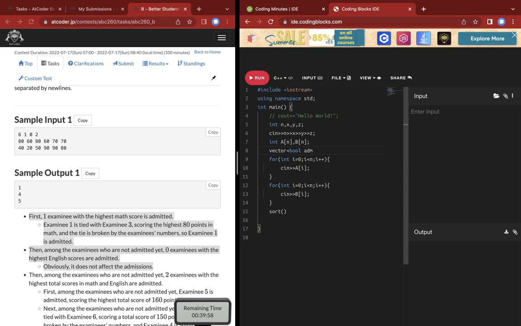Let's take a vector of bool telling us which are admitted, initialized to false. And let's initialize another array having the total. Total of i is equal to A_i plus B_i.